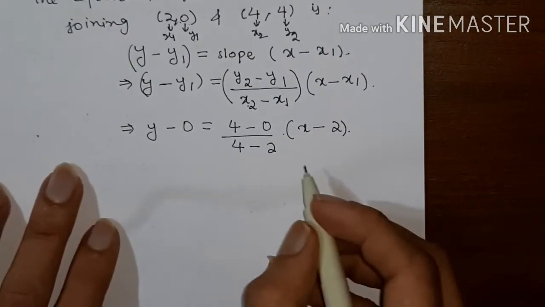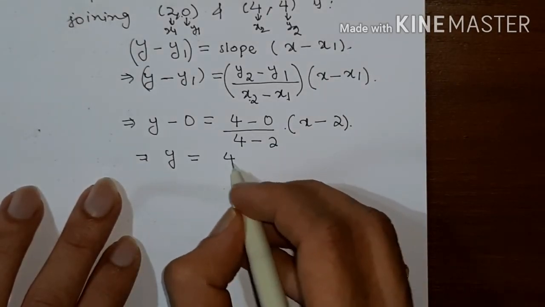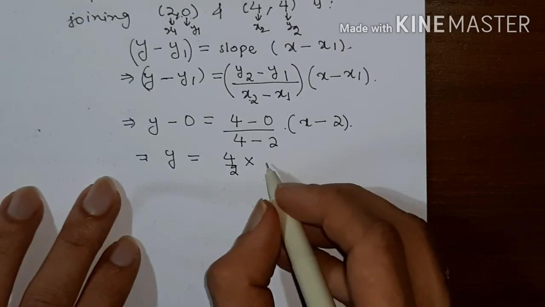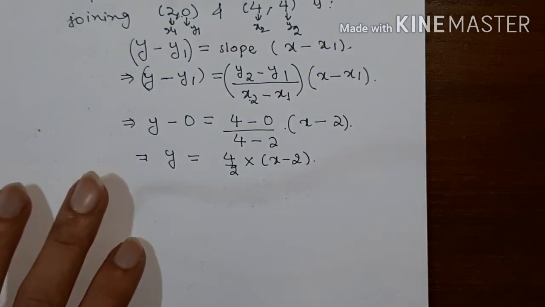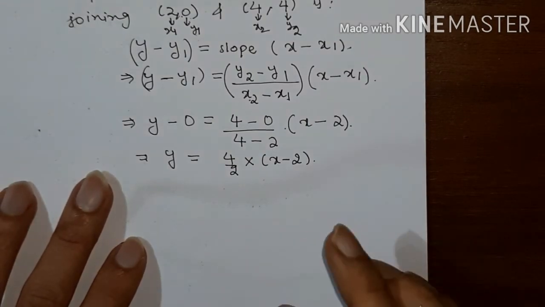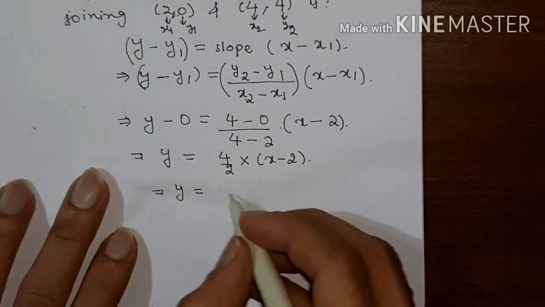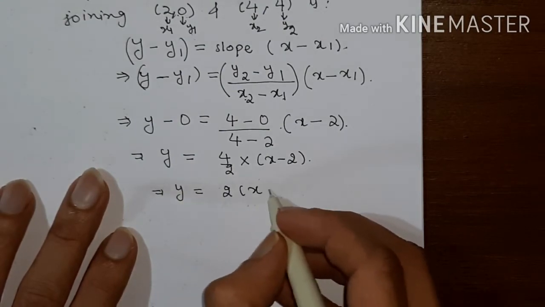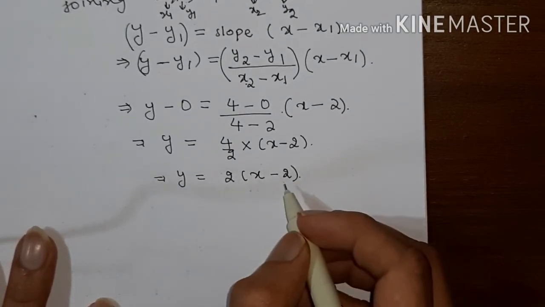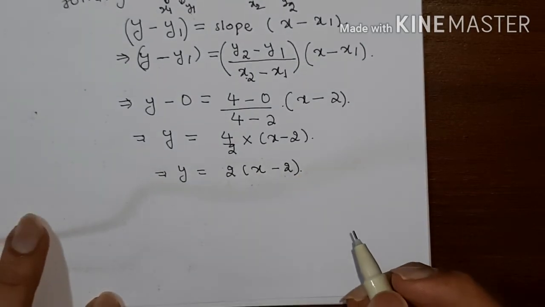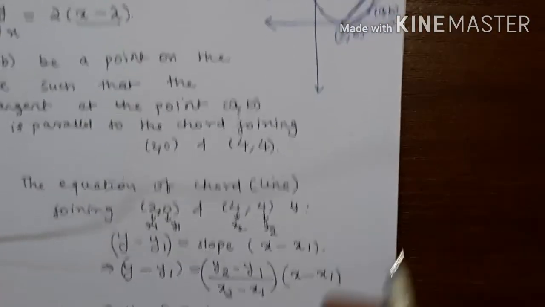So y is equal to 4 divided by 2 multiplied by x minus 2. That means y is equal to 2 multiplied by x minus 2. This is the line, or the chord. The equation of the chord is this.